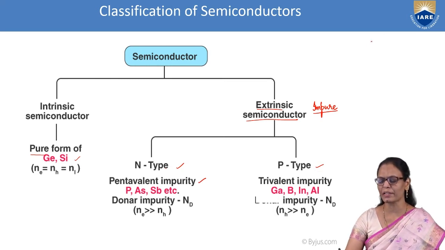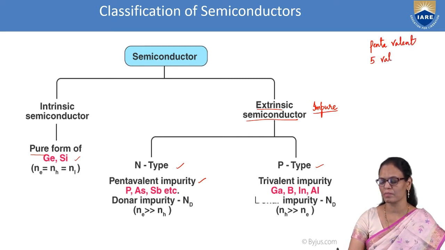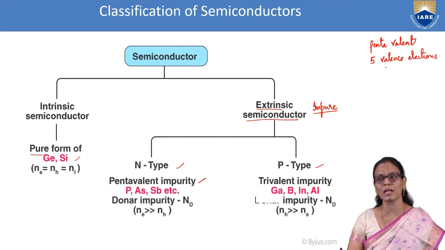Pentavalent means it will have 5 valence electrons. Valence electrons means electrons which are present in the outermost orbit. If there are 5 electrons, we call it a pentavalent impurity.